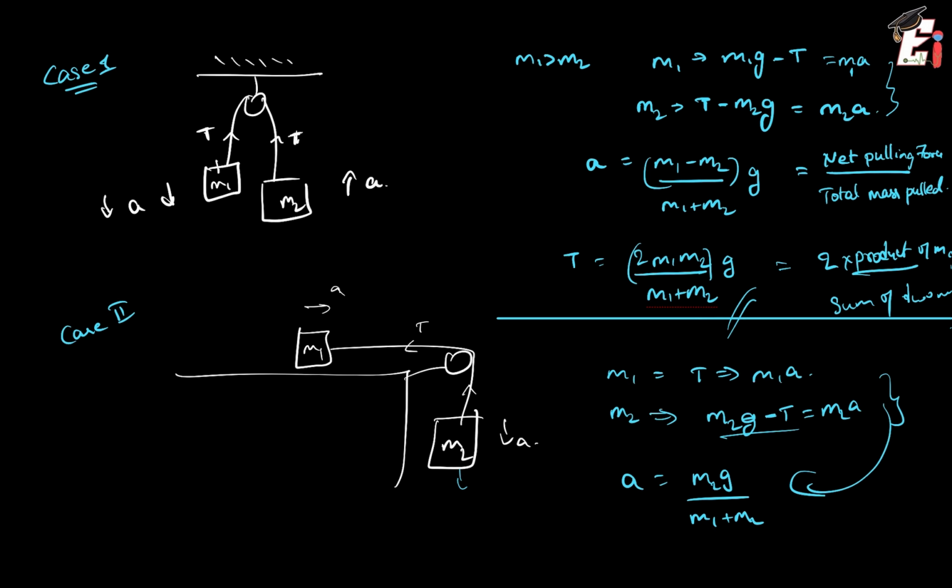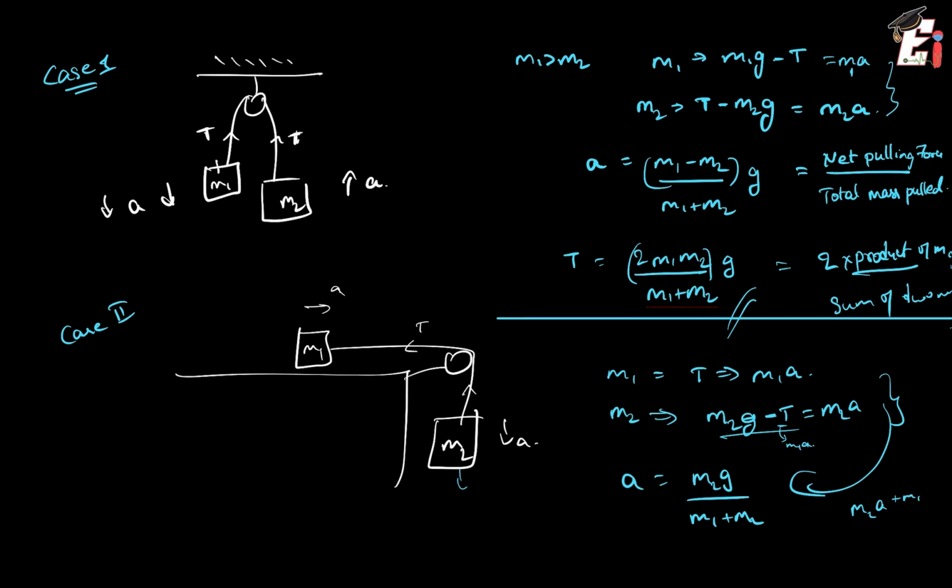T is m1a, we already know. So if I write m1a here, m1a goes to that side and becomes plus m1a, so m2a plus m1a is equal to m2g. You have this equation. Now from here, if you take a common, a into m2 plus m1 equals m2g. Here if you find the value of a, you are going to get this equation.